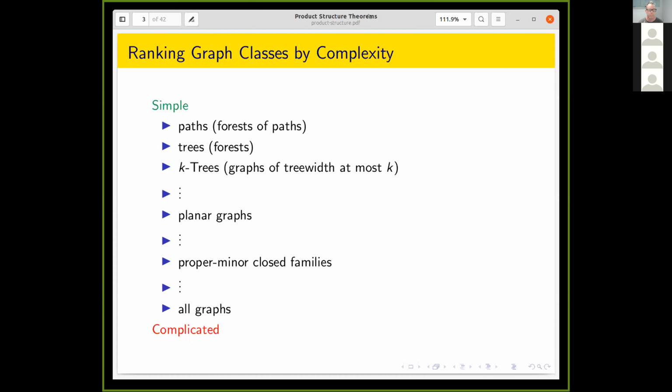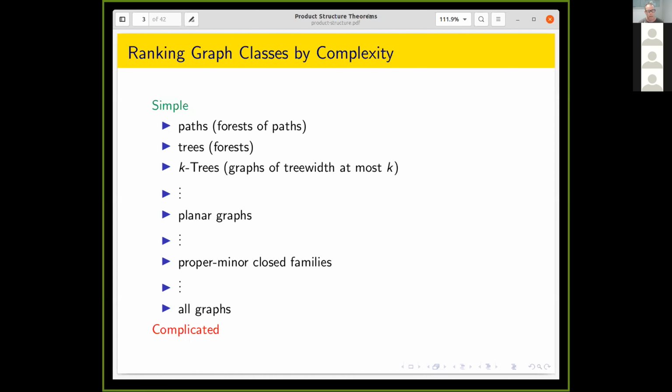They're pretty simple graphs. Also near the beginning is trees, and a little further down, there's probably some things in between. You would find graphs of bounded tree width, or k-trees for a constant k. I'll talk a little bit about what tree width is for those who don't know, but it's not critical for this talk. Then there'd probably be lots of stuff before you eventually got to planar graphs.